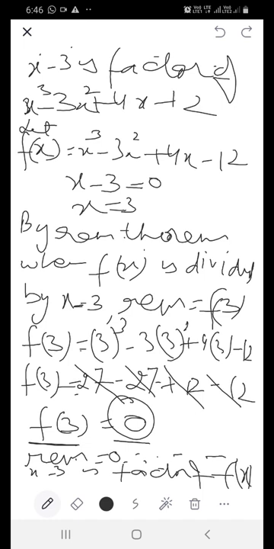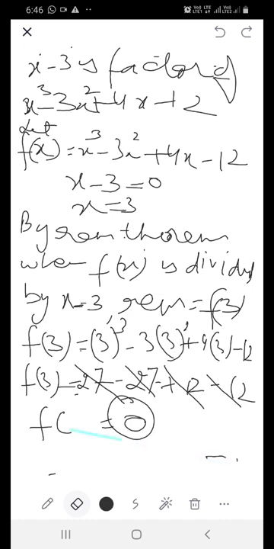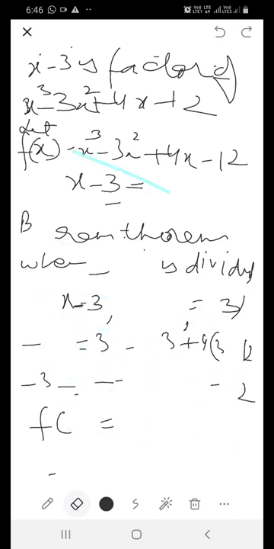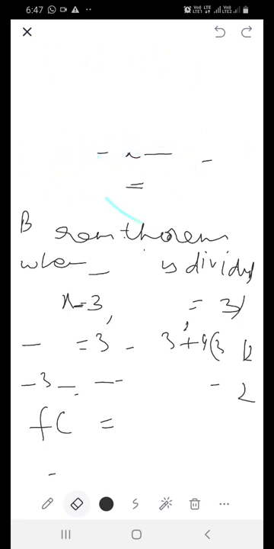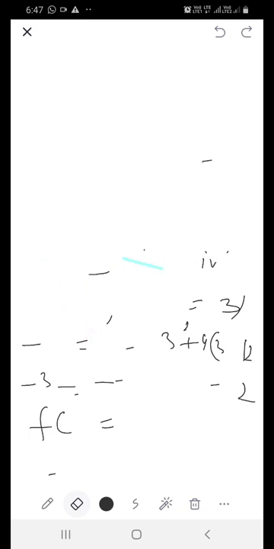Many questions are based on the remainder theorem. There are different types of questions which are based on this theorem. Now I'm going to take one more question. In that case, remainder is given to you. In these two questions, we have calculated the remainder, and in the second question, we have shown that the given divisor is a factor.